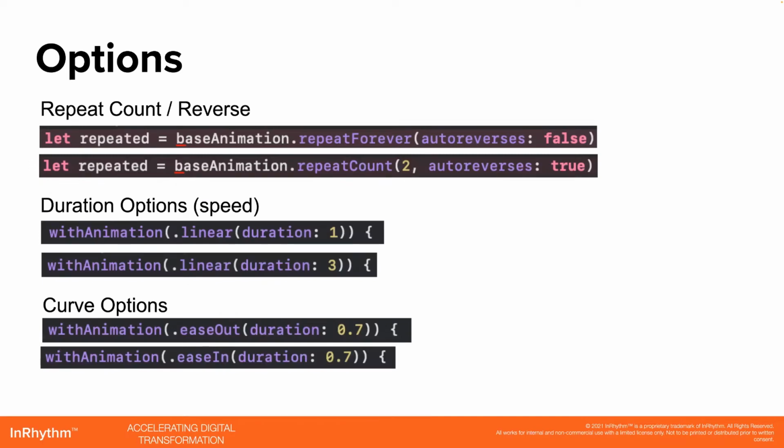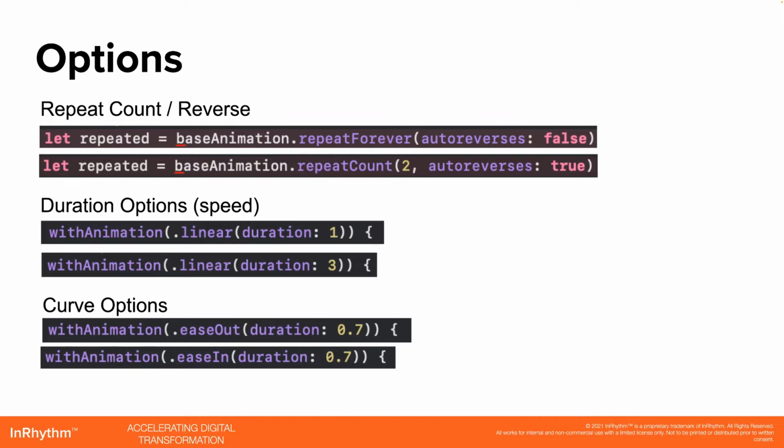So animations on SwiftUI have a whole bunch of options. Today, we're just going to talk about a handful of them, show a couple of examples of a handful of them.